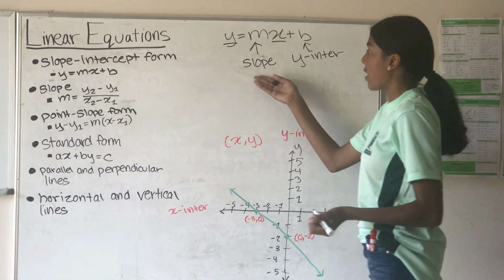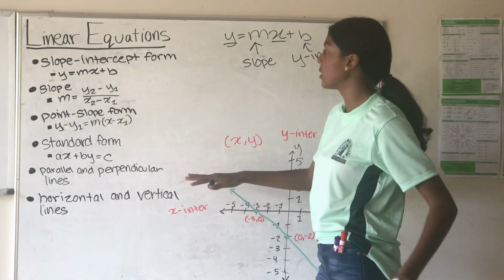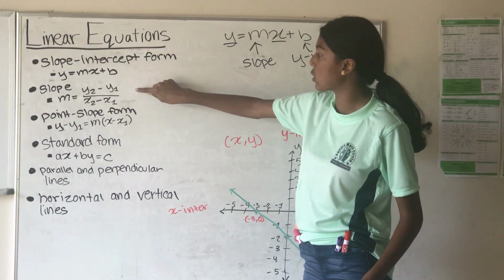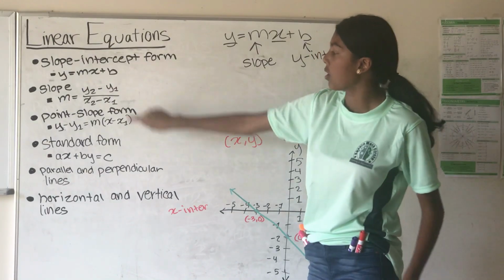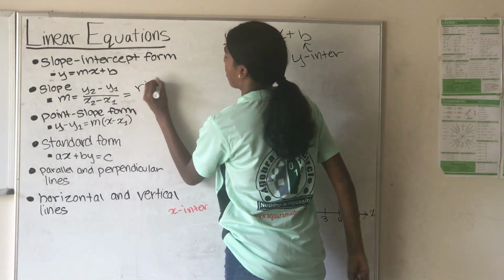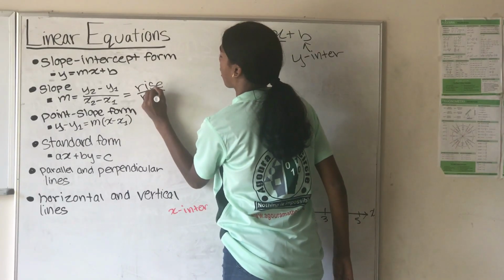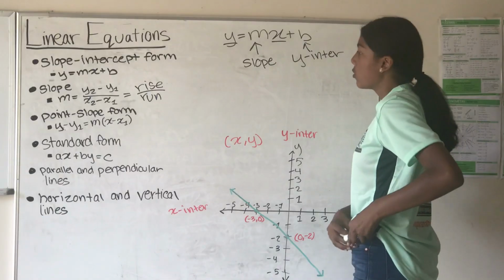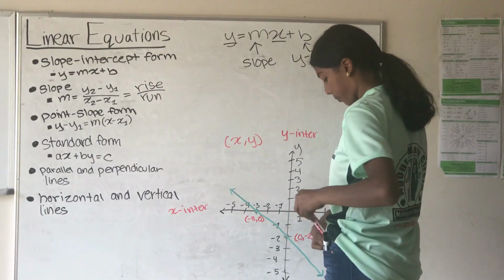So how do we find the slope? Slope is more important than anything else. The formula is y2 minus y1 over x2 minus x1, otherwise known as rise over run. And so let's first figure out the slope of this line using the rise over run thing.